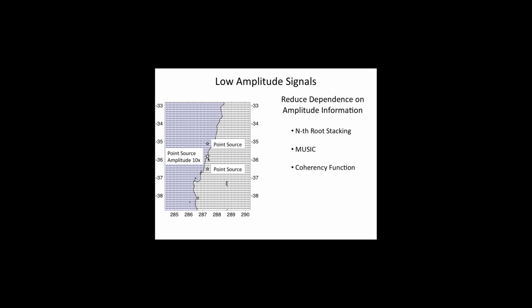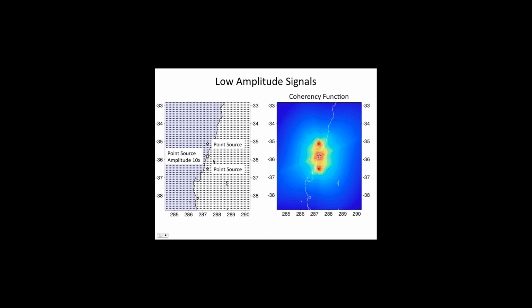I don't have time to really discuss what we do for the coherency function, but the important point to note for this talk is that it reduces the dependence on amplitude information. So when you do the back projection analysis using this processing step for these 3 point sources, this is the image you get.